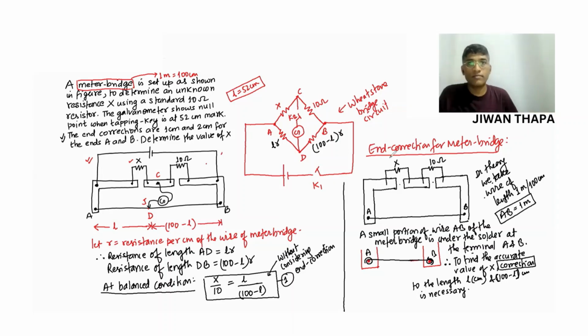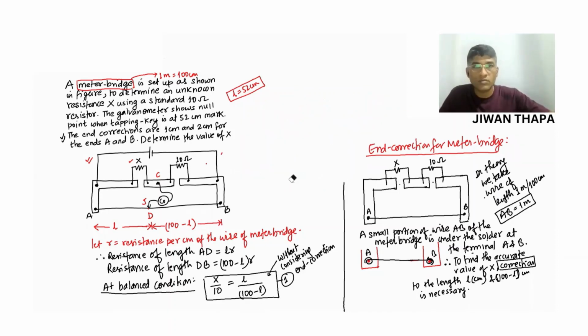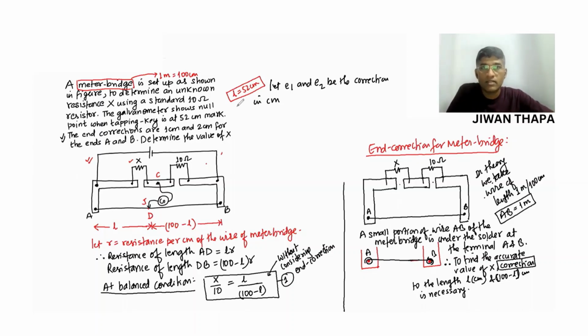Let me erase this. So I'm writing, let E1 and E2 be the corrections in centimeter, in CGS system, to the length L centimeter and 100 minus L centimeter.